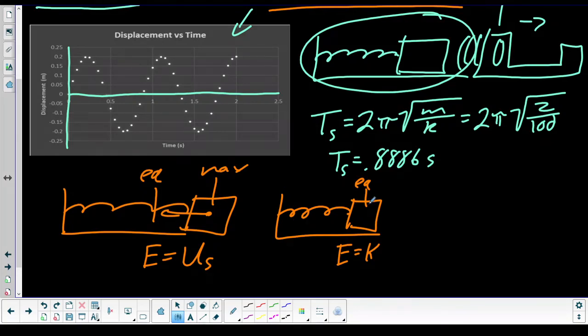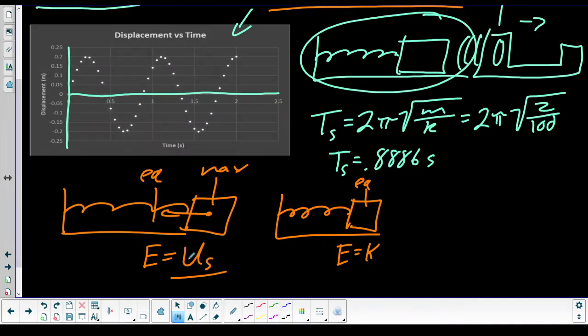Because we're at equilibrium, this spring is not stretched, so we have 0 potential energy due to the spring. So anytime our spring potential energy is 0, our kinetic energy is at a max.